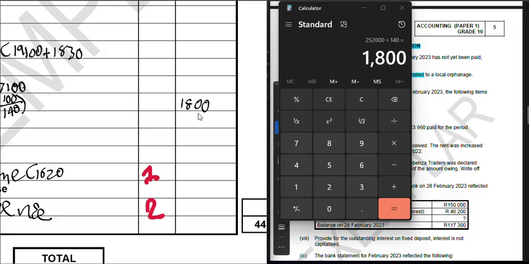There's nothing else that's written there, and they say that this was not yet recorded. So we are sure with donations that this is the amount. It is highly unlikely that you will be given multiple transactions on one thing, because the curriculum is trying to establish your knowledge and understanding of what we actually do with regards to such concepts. So you will not get multiple transactions. That's 1,800.